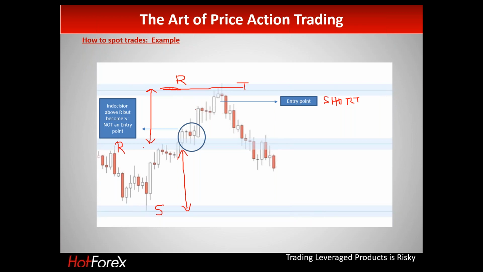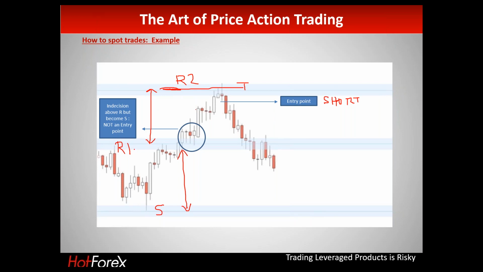So here is my second resistance, which has the same distance from the first resistance as the first resistance had from my support, right?